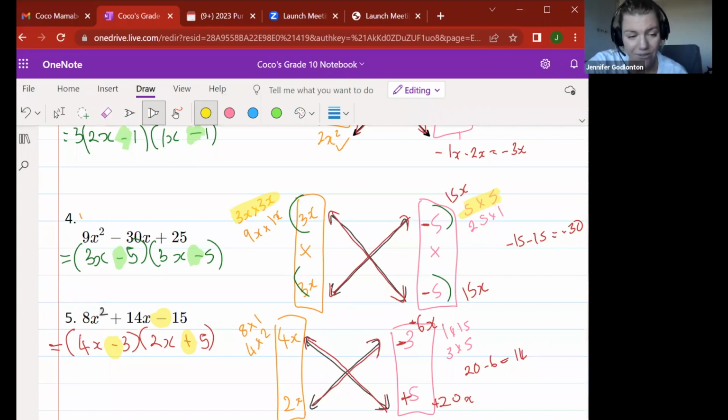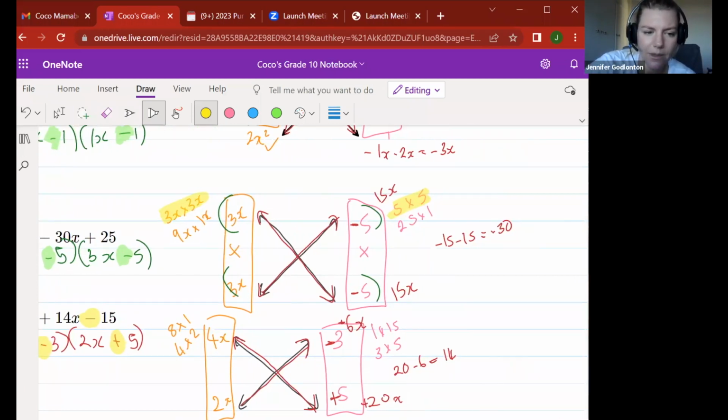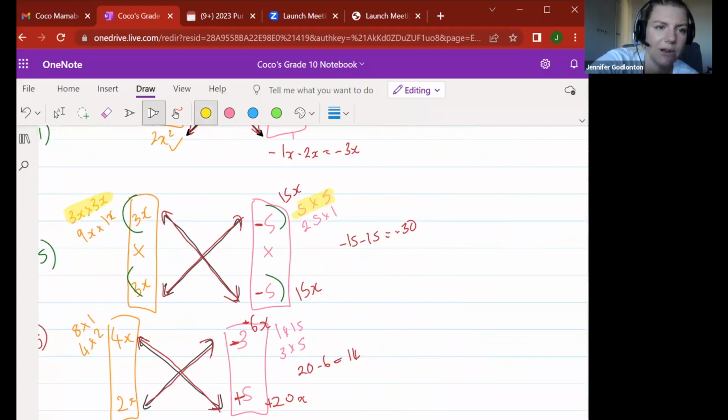Yes, exactly. If you had done it with the 8 and the 1, you wouldn't have been able to get to 14. But let's have a look at that and I'll show you why. Okay, so let's say we used 8 and 1.